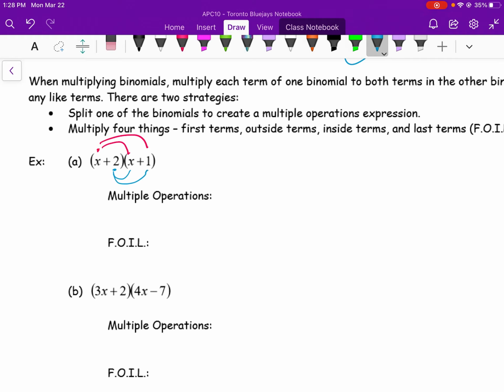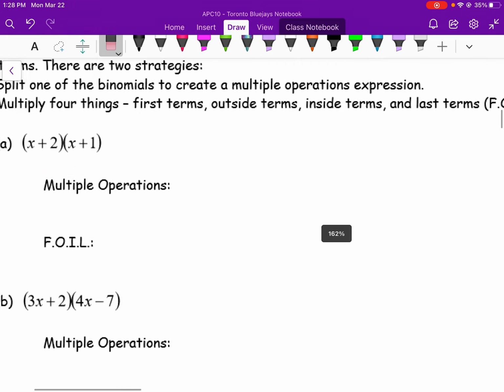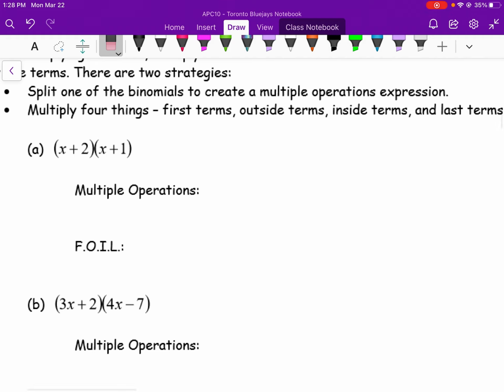I need to multiply that term, 2, by both terms of the other polynomial. And I get that what I just did was FOIL, but really it's helpful when your polynomials get a little bit larger. We don't need to change up the strategy. All right. So let's do this first example.